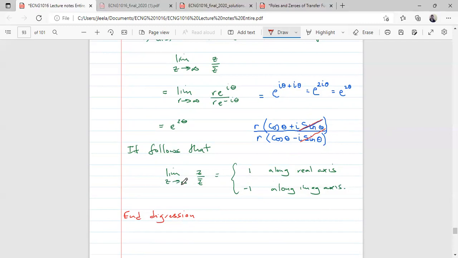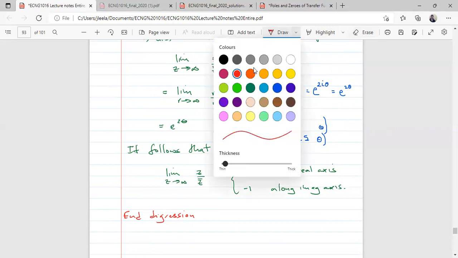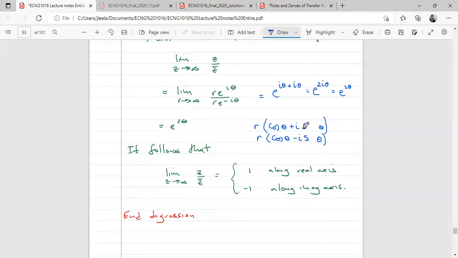And if you're focusing along the imaginary axis, then the cos part will vanish, so this part here will vanish.